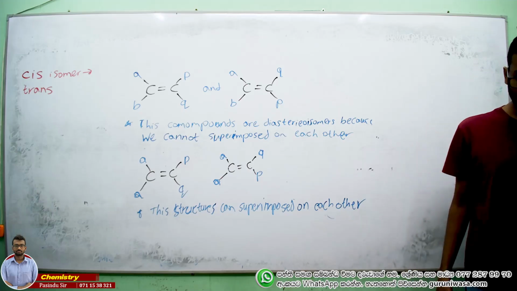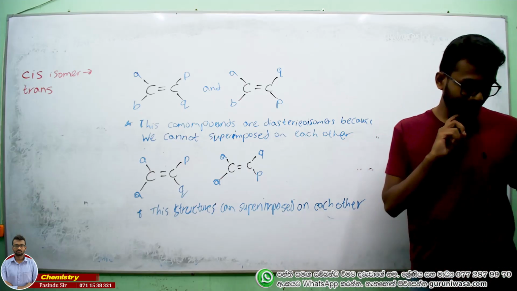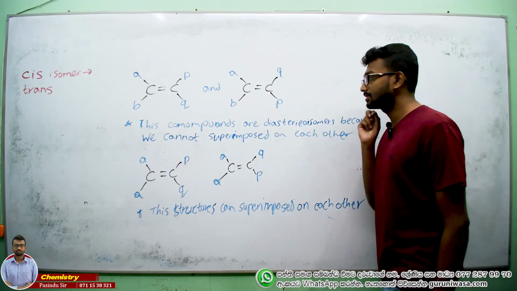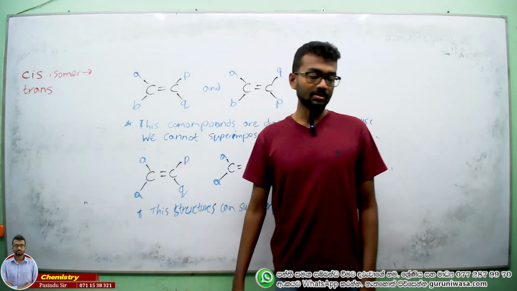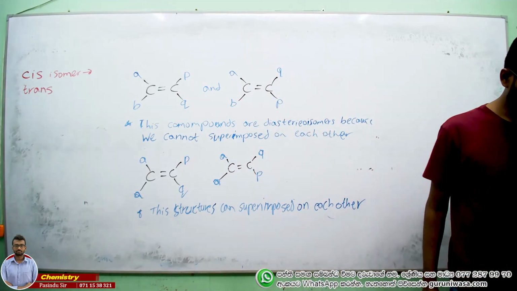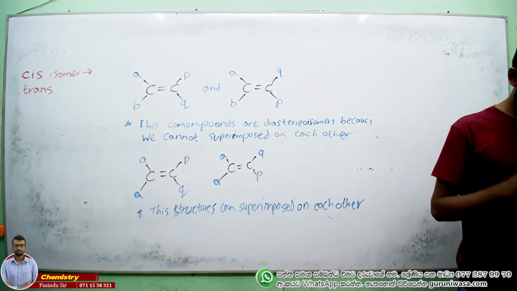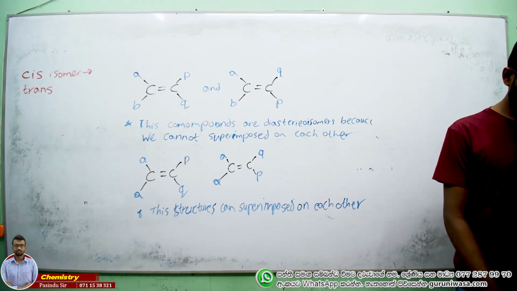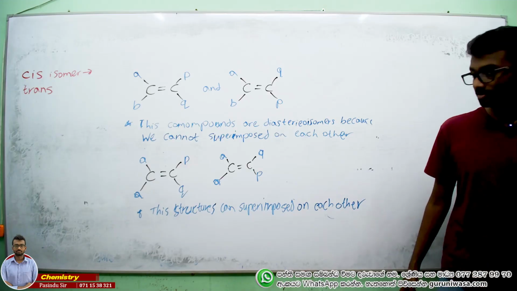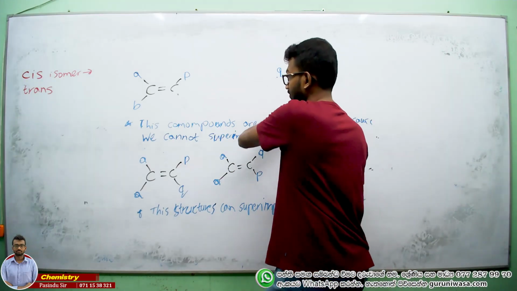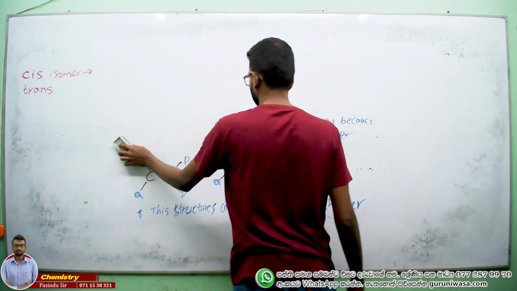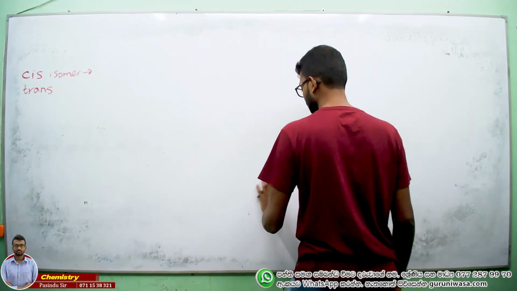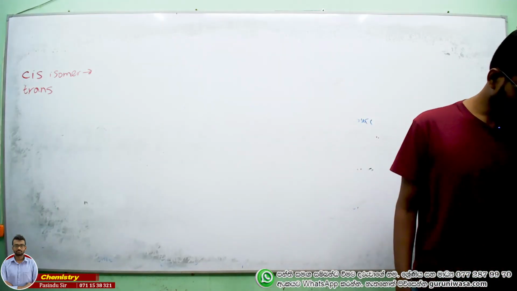Then write down the small subtopic, cis and trans nomenclature. So let's talk properly about which is cis and which is trans. What are the conditions to become cis or trans?